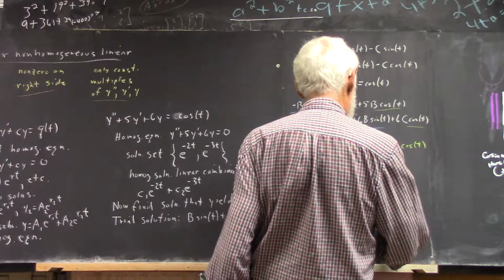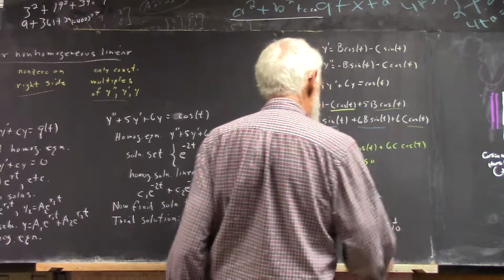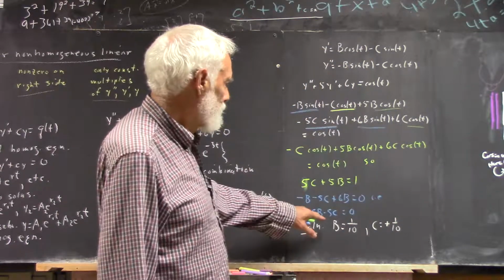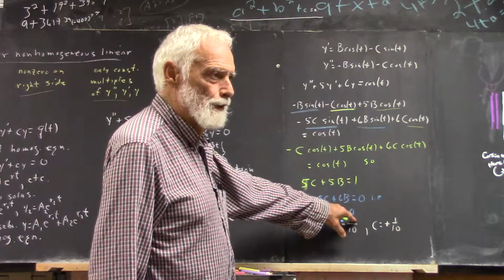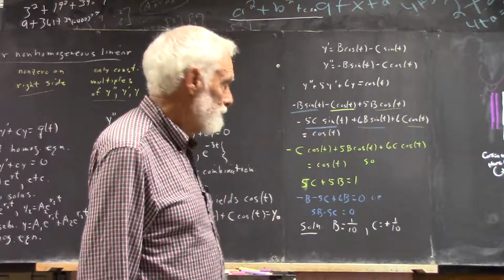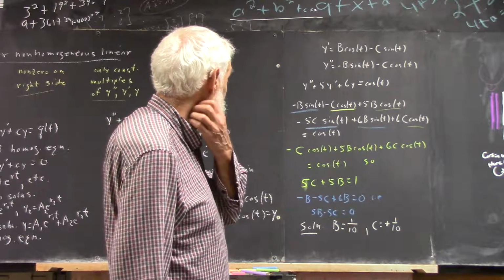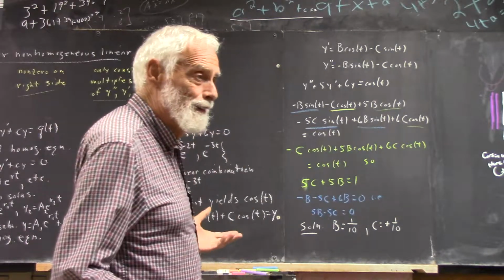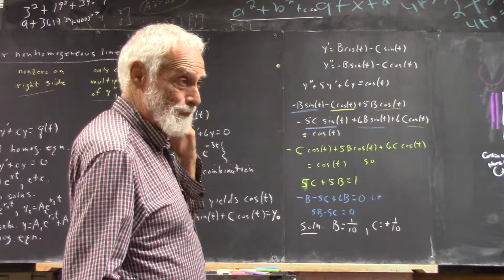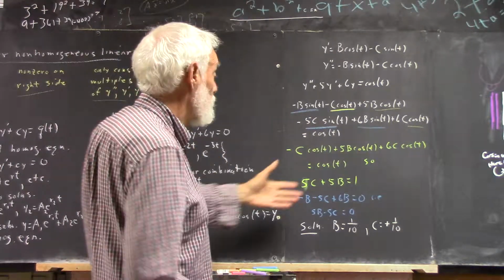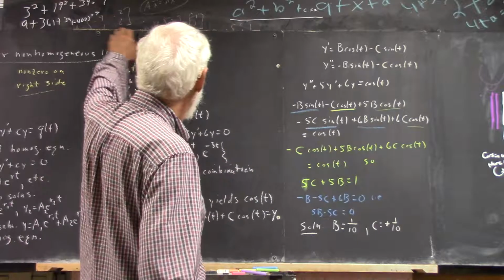So that's careless, b is positive 1/10, because 5b minus 5c has to equal 0. b and c have to be equal. That's common sense, but if you've got to use something besides common sense, use whatever technique works, I'm okay with it.